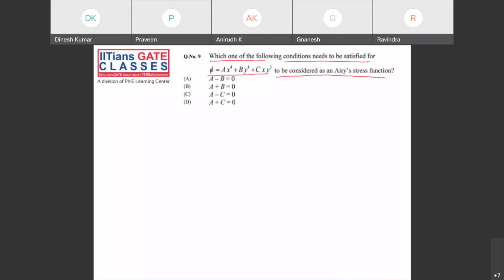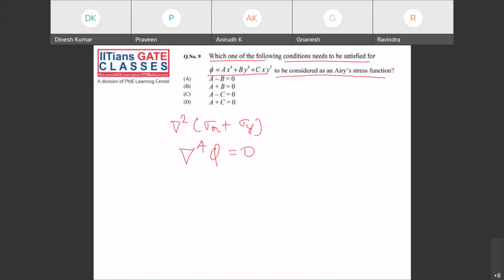So guys, in this question we know what the Airy stress function is. The Airy stress function satisfies the biharmonic equation, right? That is, delta power 4 phi equal to 0.